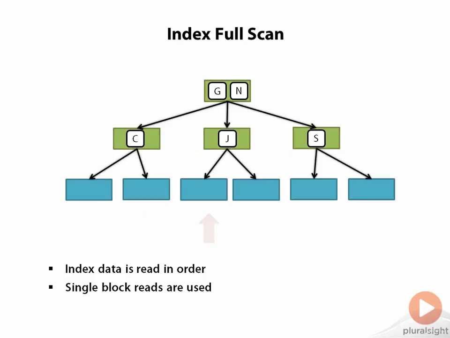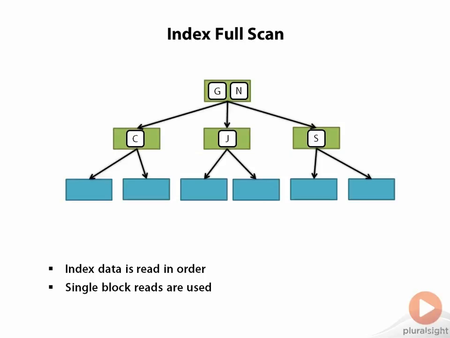The typical reason for doing this is that there's an order by clause in the query, and every column in the order by clause is contained in the index, and the order of the columns in the order by clause matches the order of the columns in the index. A second scenario is that a query contains a group by clause, and that all of the columns in the group by clause are contained within the index.